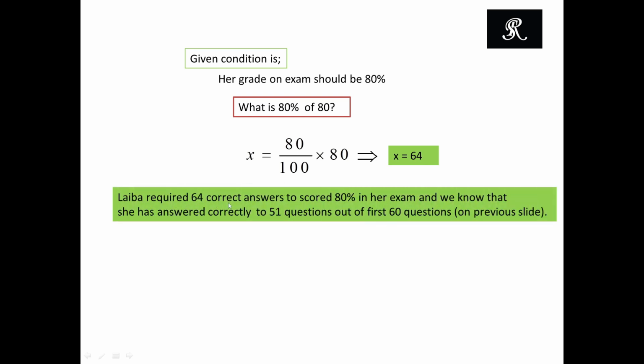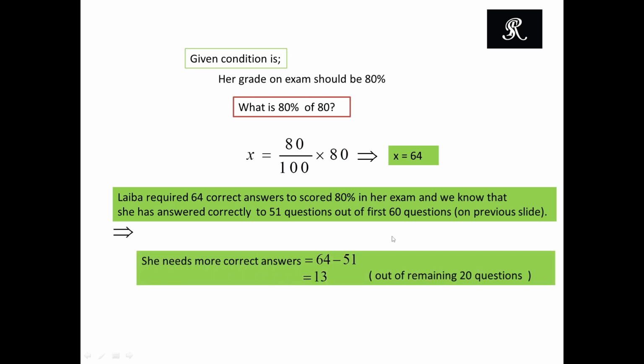Laiba requires 64 correct answers to score 80% in her exam, and we know that she has already answered 51 questions correctly out of the first 60. This implies she needs more correct answers: 64 minus 51, that would be 13 out of the remaining 20 questions.